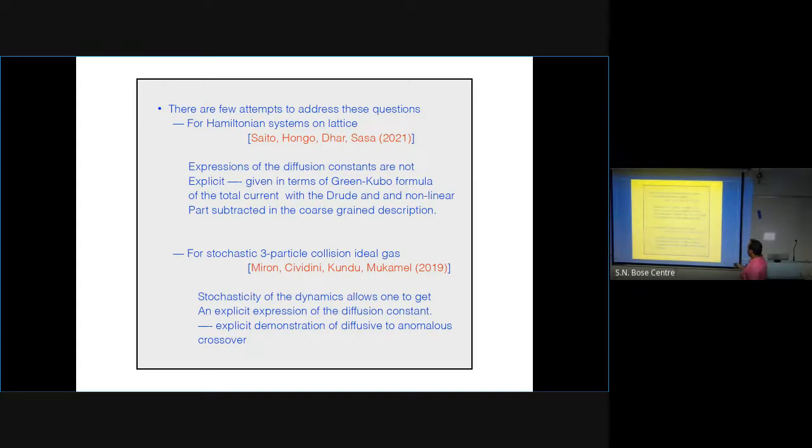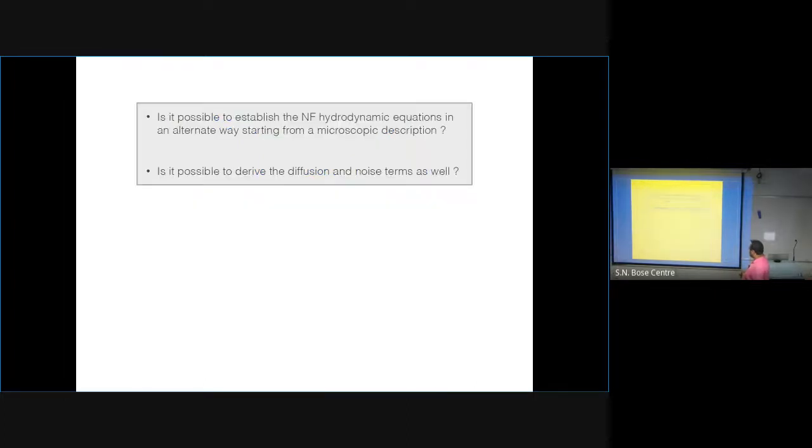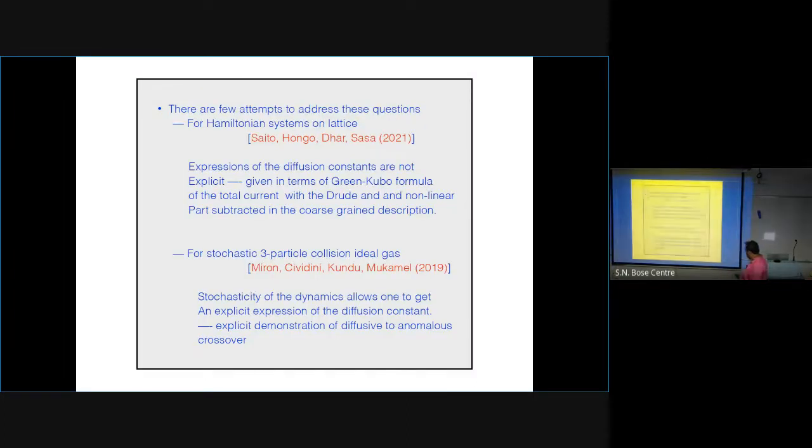Not exactly in this setting, but in another context. Another model in which this question was studied is the three-particle collision ideal gas. This is an ideal gas of point particles, but they undergo stochastic collisions.